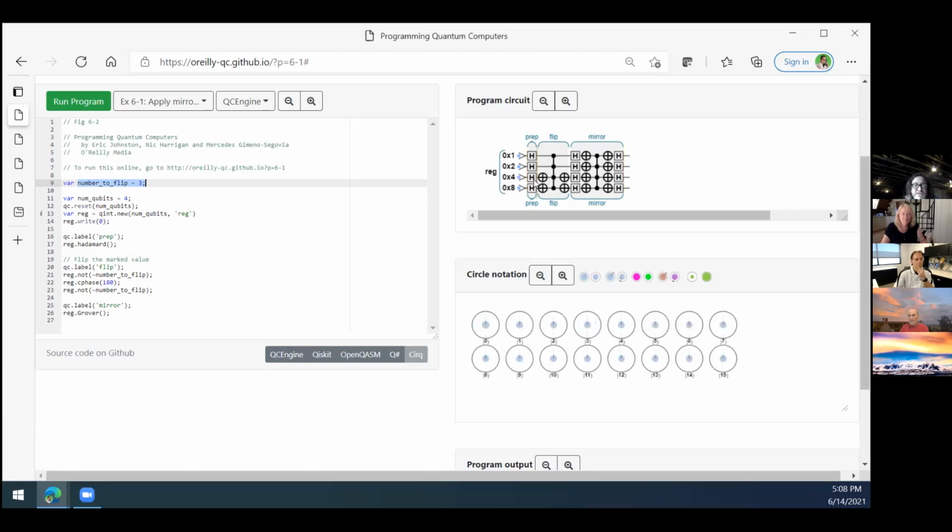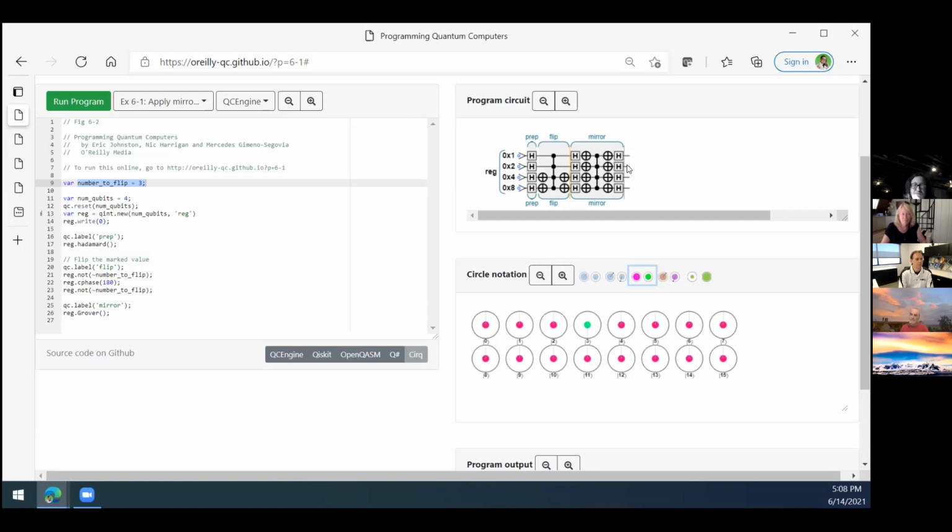So like most things, we do a Hadamard, and then let's change the colors here. So this flip, essentially, we got number 3 highlighted, and the phase is 180 degrees.